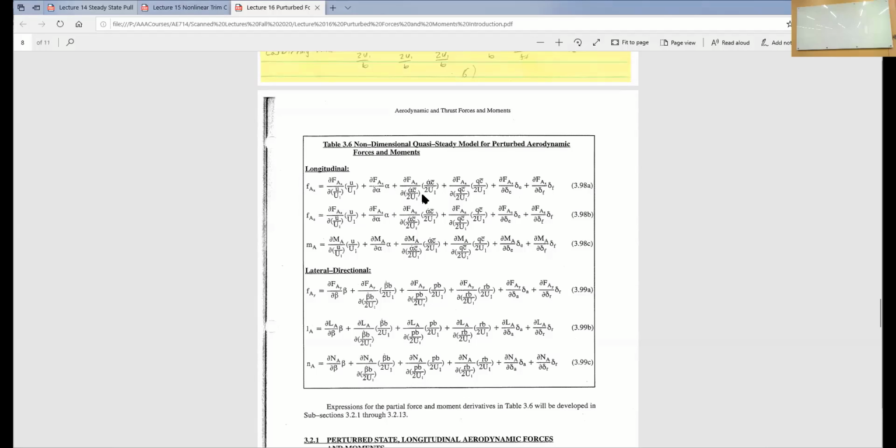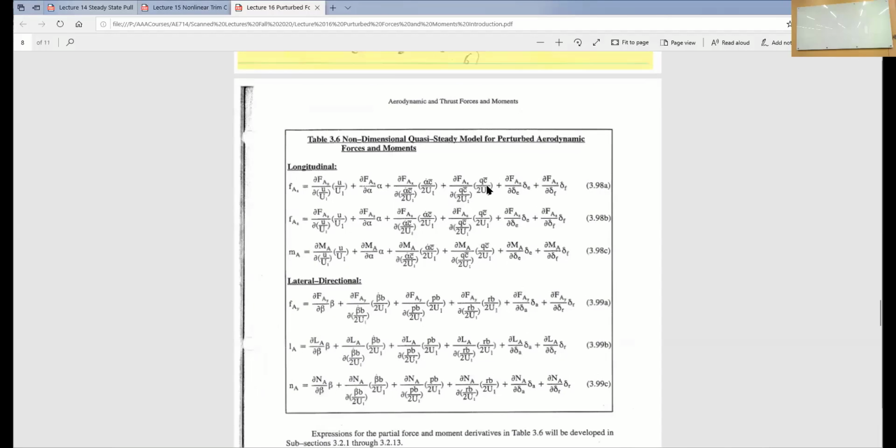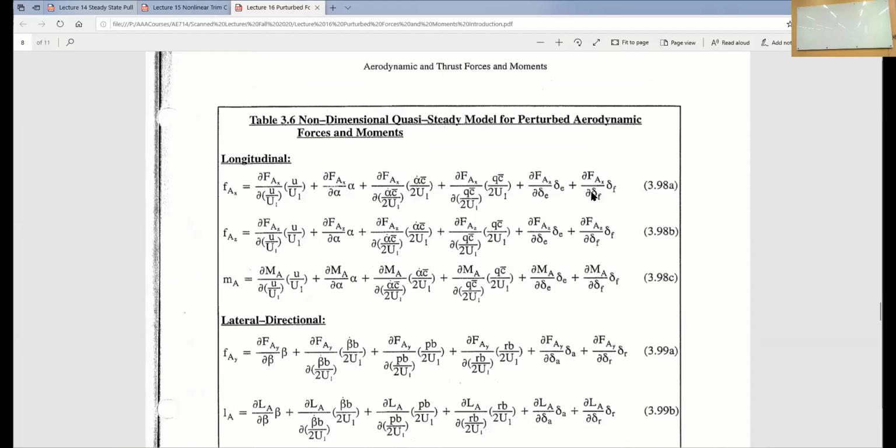Alpha, same deal. Here's our alpha dot perturbation. Here's the Q perturbation. There's elevator and flap.